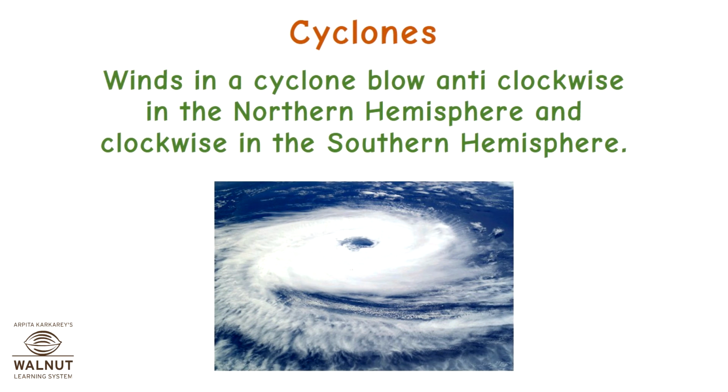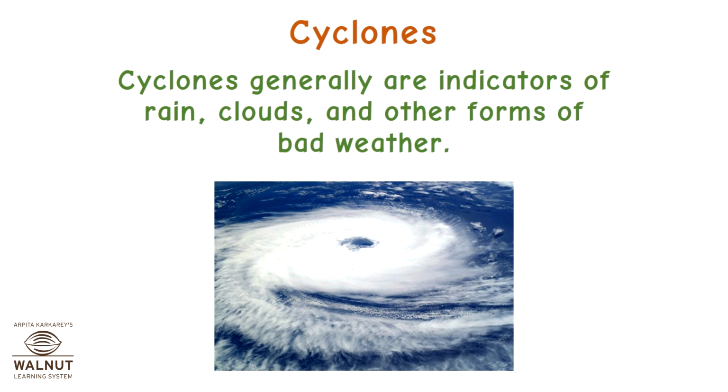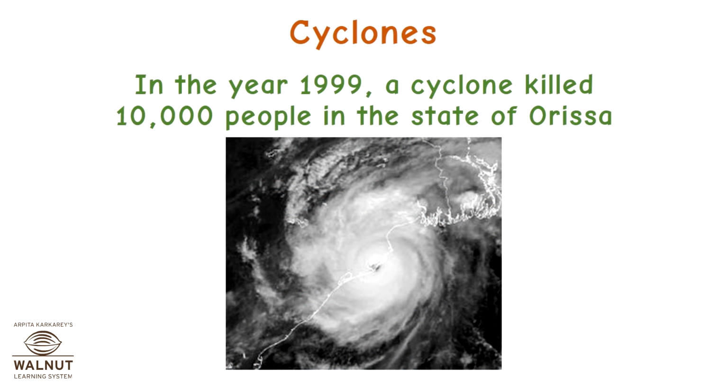Winds in a cyclone blow anti-clockwise in the northern hemisphere and clockwise in the southern hemisphere. Cyclones generally are indicators of rain, clouds, and other forms of bad weather. In the year 1999, a cyclone killed 10,000 people in the state of Orissa.